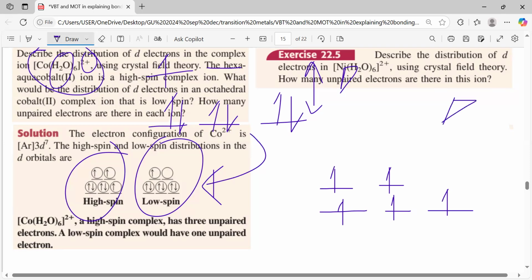So the electrons will just jump the moment you finish putting one in each orbital, before you start pairing. So those are 5, then 6, 7. And this is our high spin. What is the spin here? 1. And what is the spin up here? A half. So either way, the cobalt complex is paramagnetic, but it can form both low spin and high spin complexes.